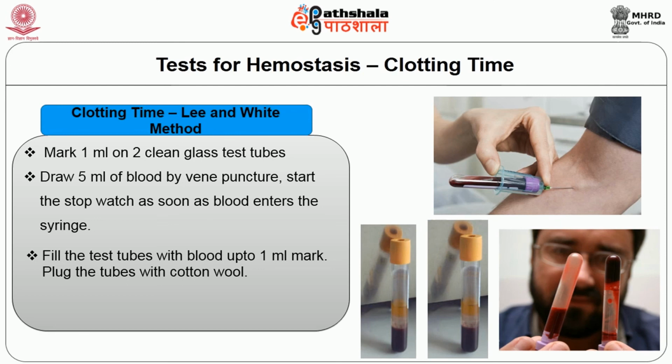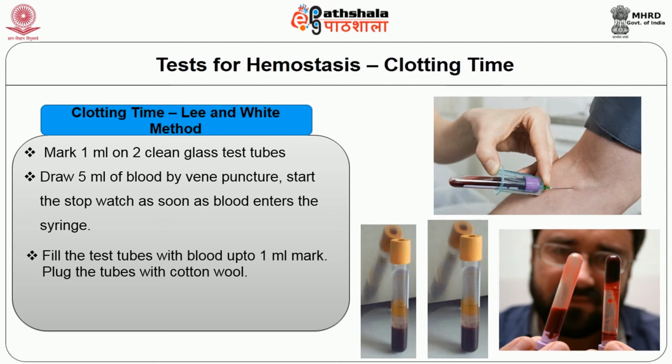As soon as the blood has clotted in the tube, examine the second tube immediately as to whether the blood has clotted in it or not. The blood in the second tube usually clots, and you note the time now. This gives the clotting time.